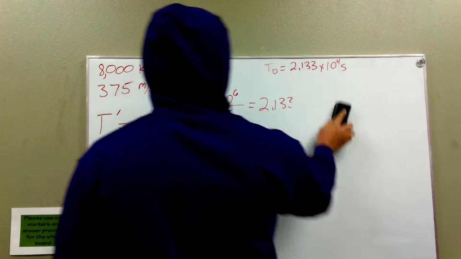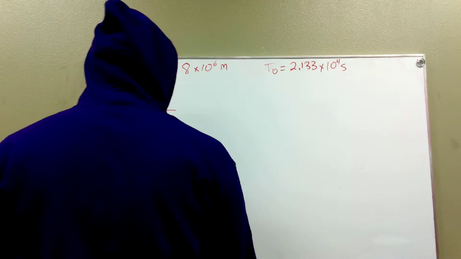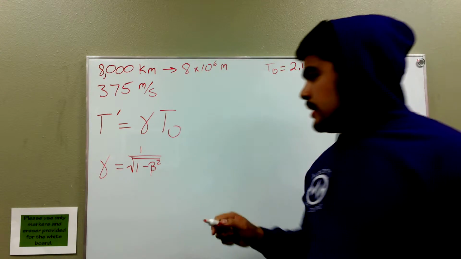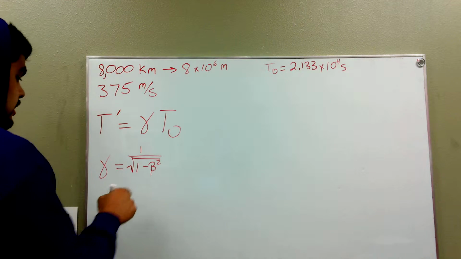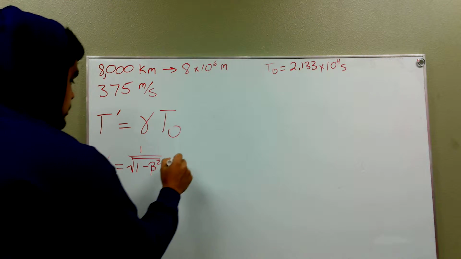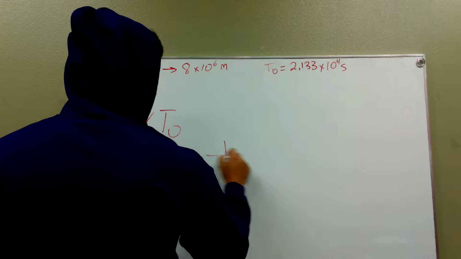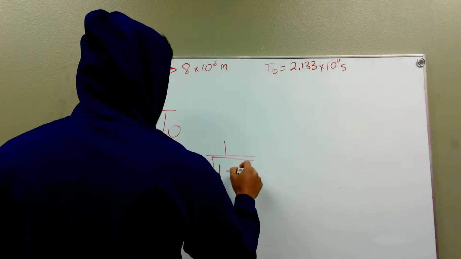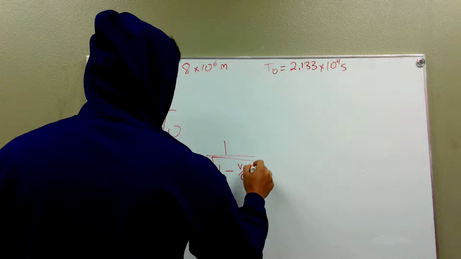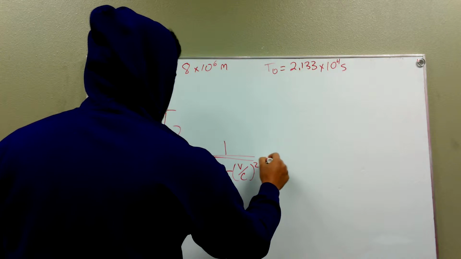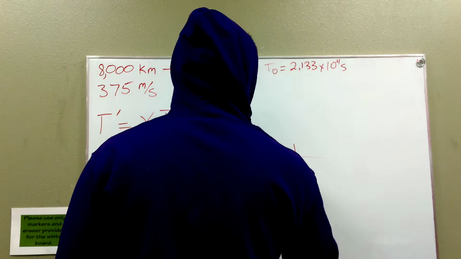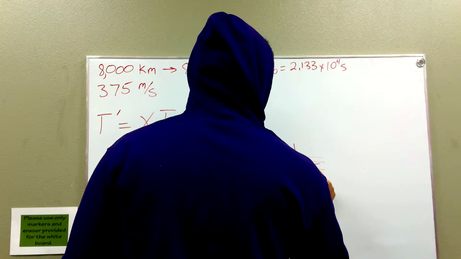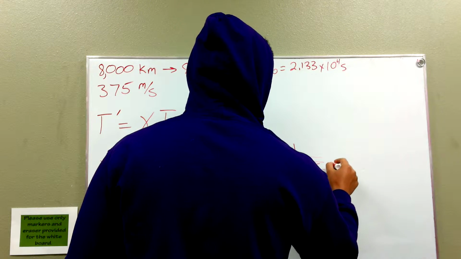We can erase this guy in the middle, just so we can have some room there. Next up, we will solve gamma. So when you plug in your V and C for the beta, you end up getting 1 over the square root of 1 minus V over C quantity squared, which equals 1 over the square root of 1 minus 375 over 3 times 10 to the 8th.